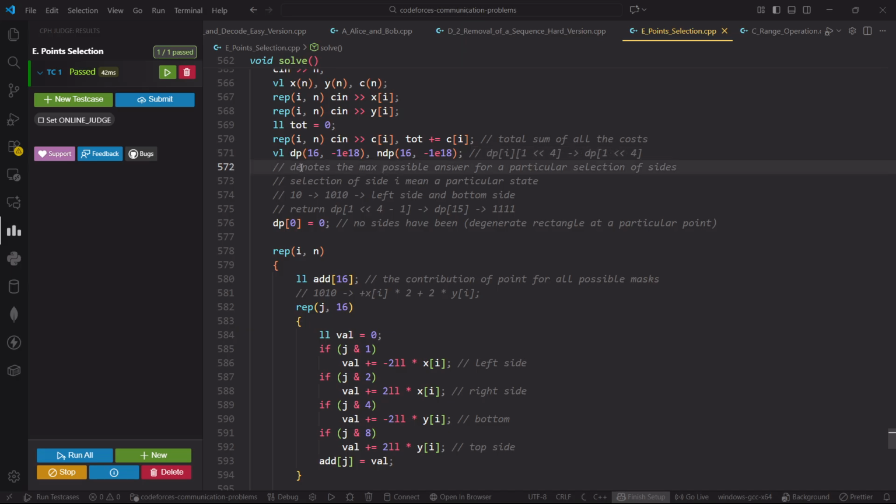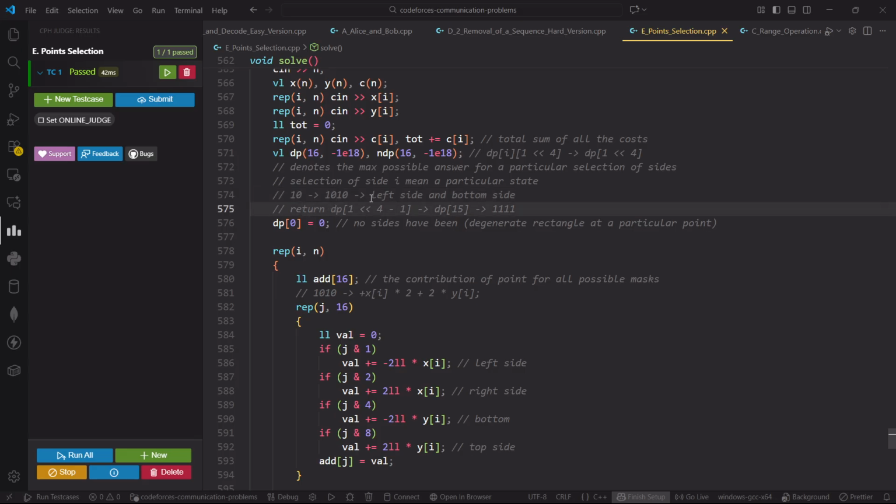This denotes the maximum possible answer for a particular selection of sides. Selection of sides means a particular state. So 1010 is basically left and the bottom side as we defined earlier.